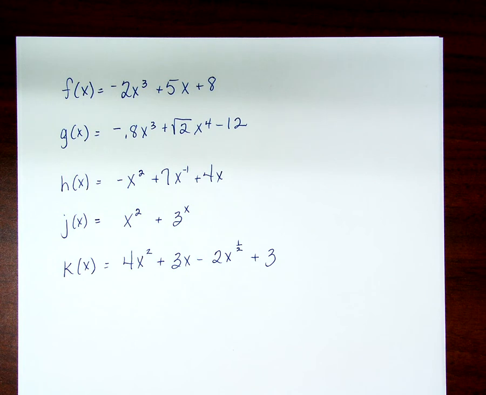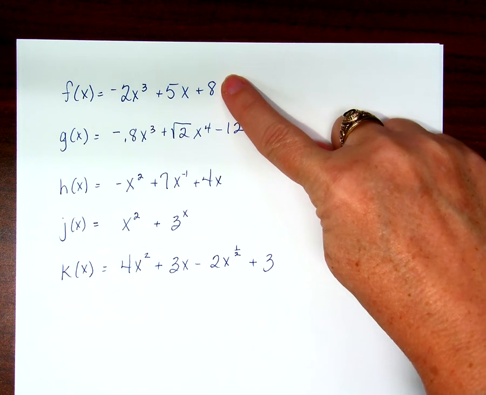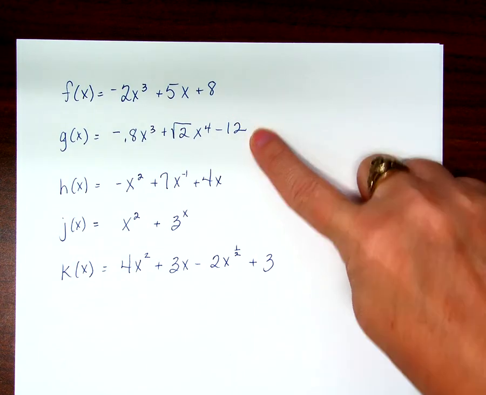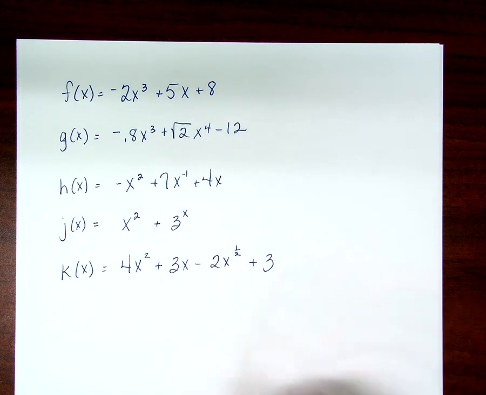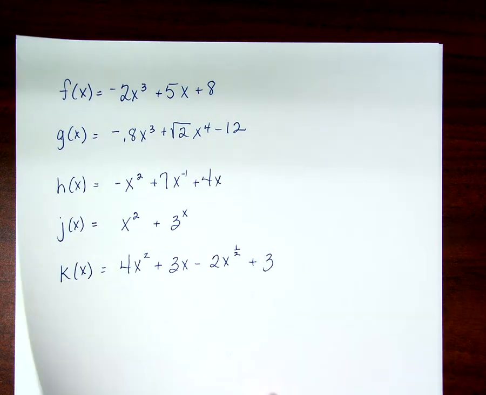You were right. You know I'm going to argue with you sometimes, though. Okay, what about k? No, why? Half is not a whole number, is it? I mean, it seems logical that half would not be a whole number, but that's just a silly math joke. Okay? Any questions about any of those? So f was yes, g was yes, h was no, j was no, and k was no. Okay? Any questions about that?